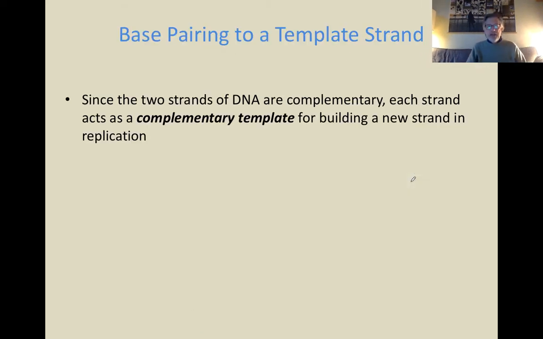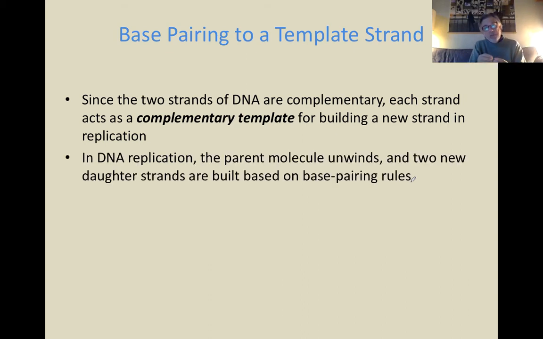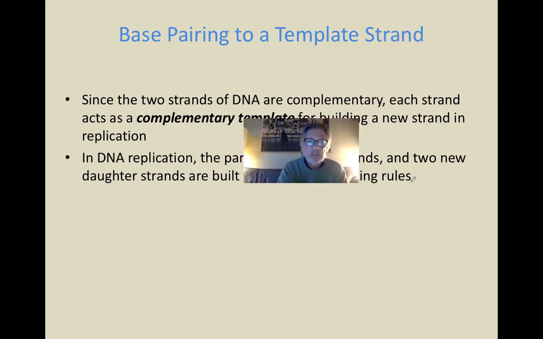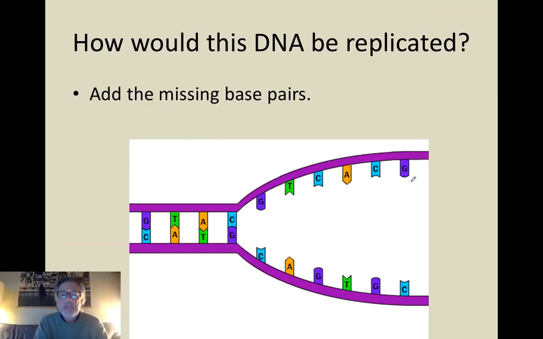Since the 2 strands of DNA are complementary, each strand acts as a template for building a new strand in DNA replication. What's going to happen when DNA has to be replicated is the parent DNA molecule is going to unwind, and 2 new daughter strands are going to be built based on the base pairing rules. How would this piece of DNA be replicated?